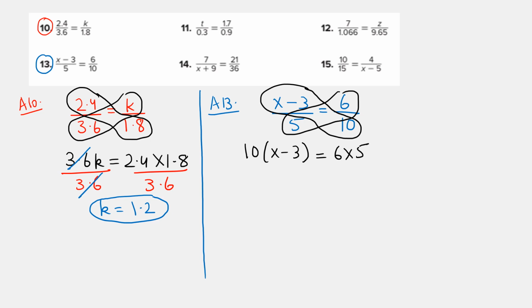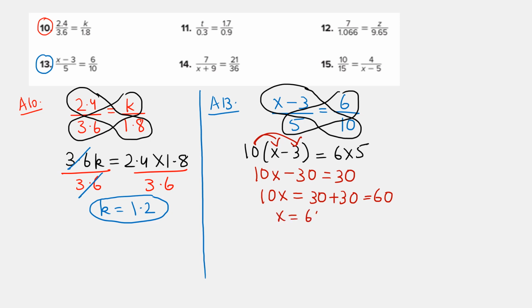So 10 gets multiplied to x, 10 gets multiplied to 3. So this is 10x minus 30 is equal to 30, or 10x is equal to 30 plus 30, which is 60. So x is 60 divided by 10, which is 6. So x is equal to 6.